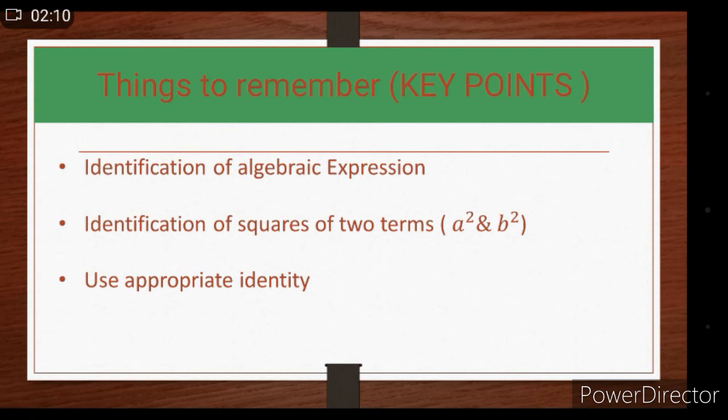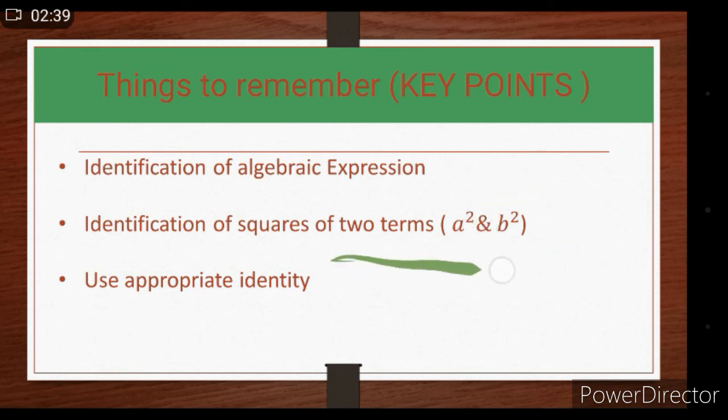Now, things to remember. First of all, identification of the algebraic expression is a must, whether the expression is of the first type, second type, or uses the third type of identity. Second, identification of the square of two terms, which means you have to identify what is a square, the first term, and what is b square, the second term.